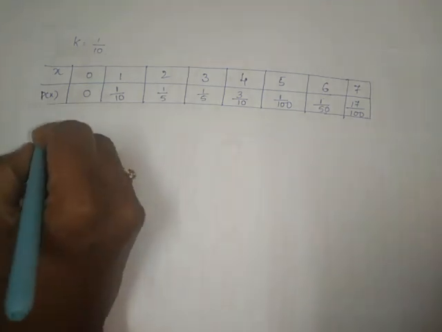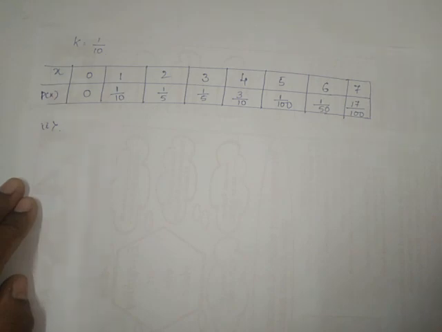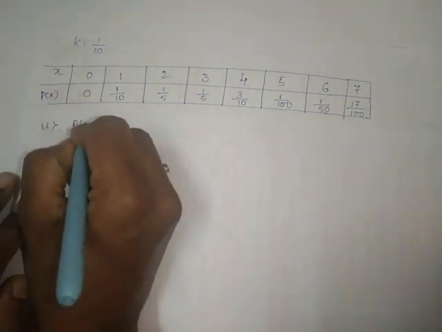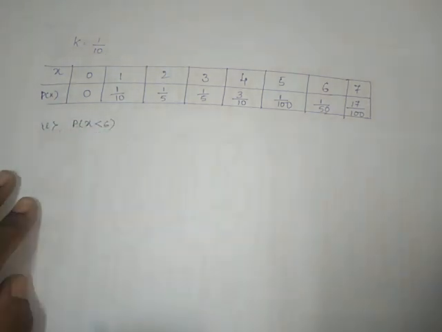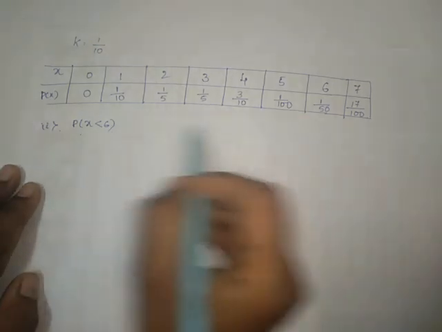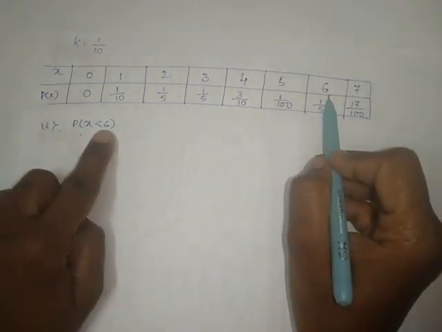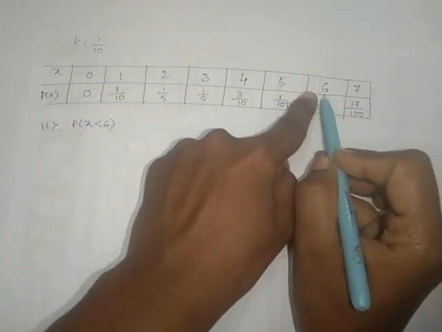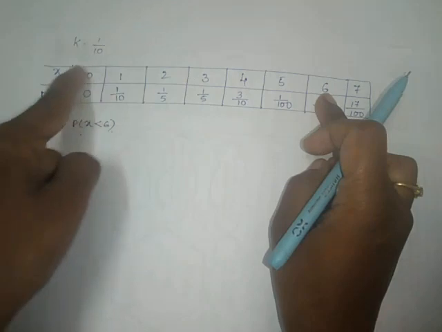Under the second sub question, the first one to be solved is P of x less than 6. 6 is not included, so we have to include all these values.